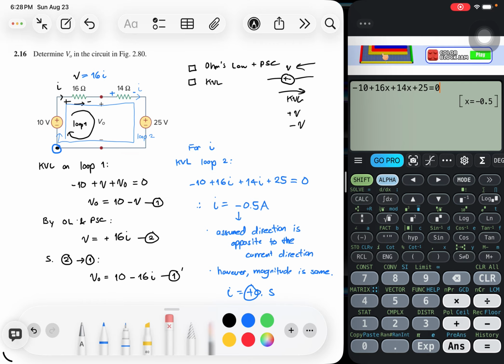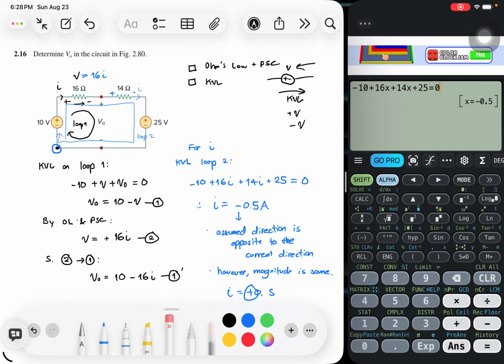Therefore, the value that we're going to substitute in solving for V naught in this equation will be negative 0.5 amperes. You will not force it to be positive, because we have to be consistent with our solution.